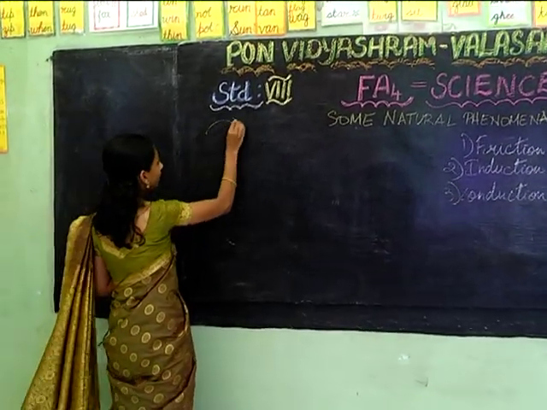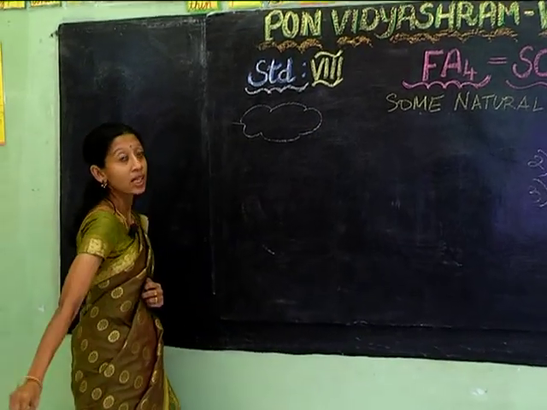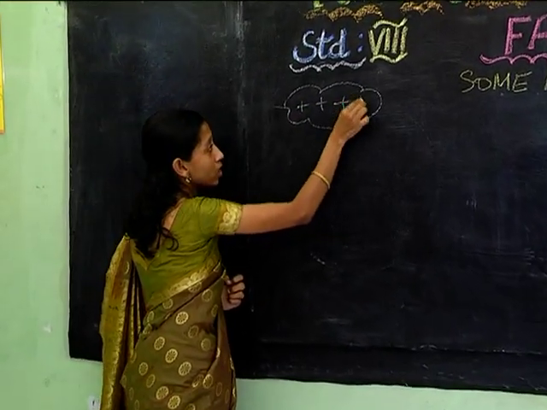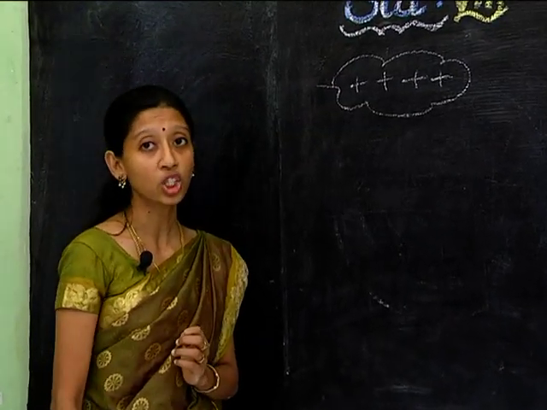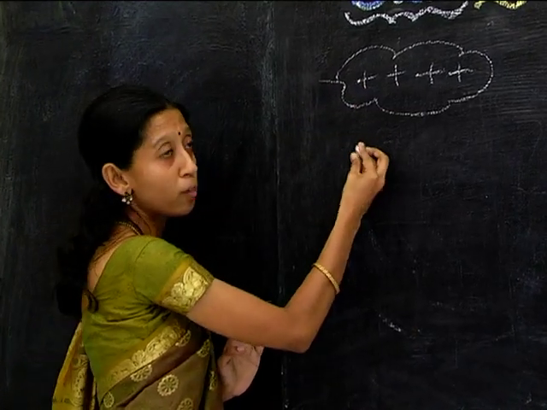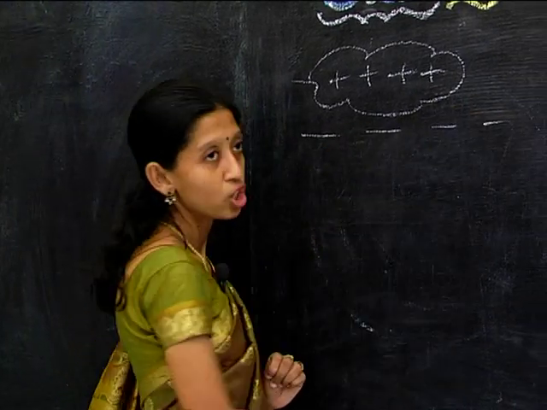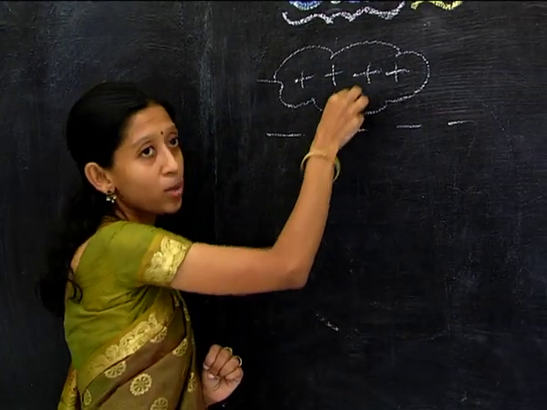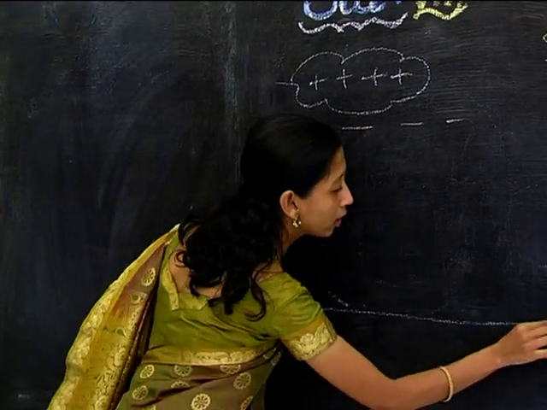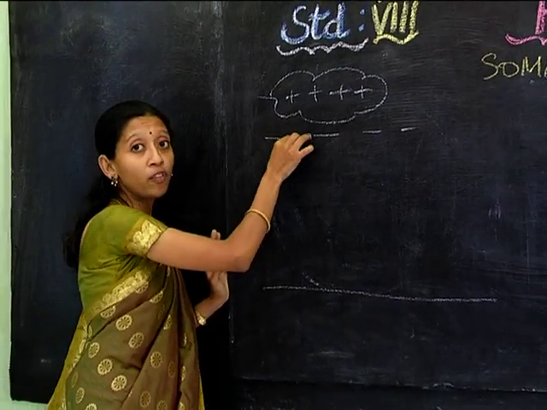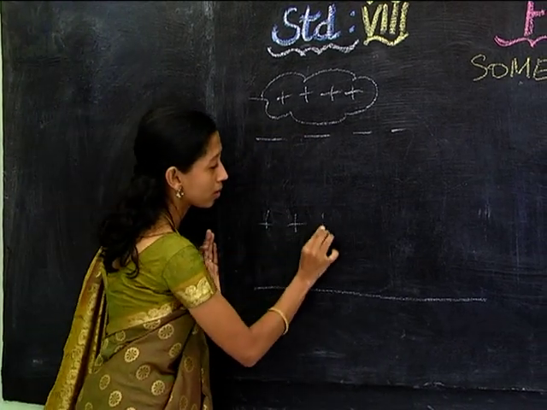So clouds are there, say the upper part of the clouds is positively charged. The bottom part of the clouds will become negatively charged. Now these two are opposite charges. Since this is negatively charged, on the earth's surface it will induce positive charge.